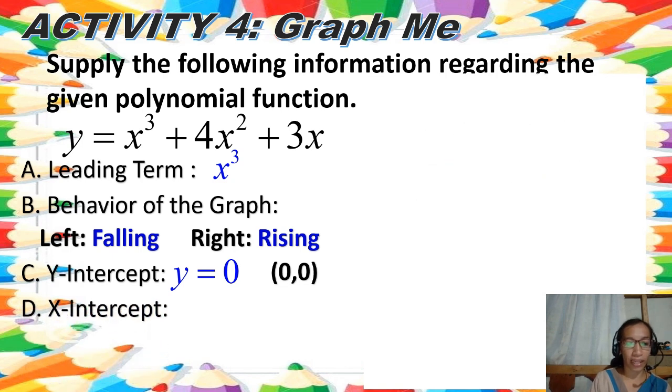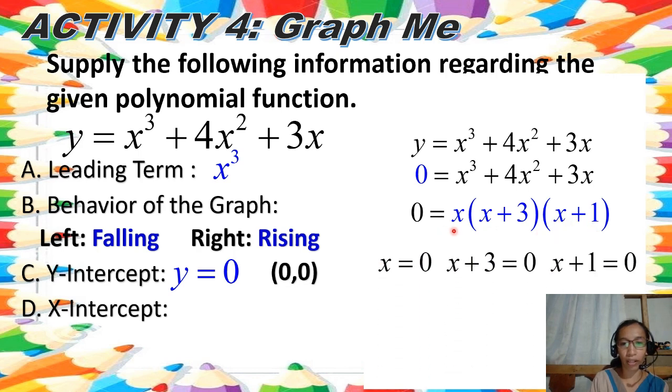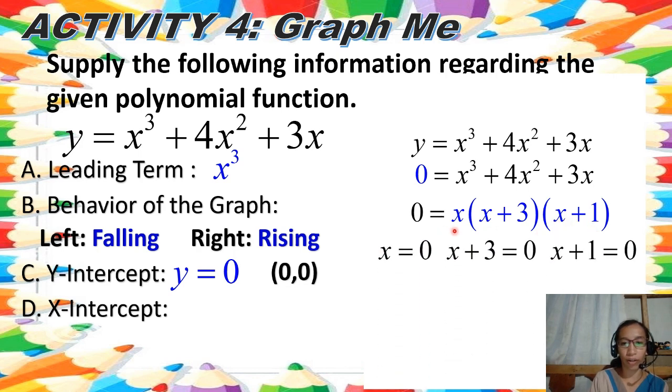Next, let's find out the x-intercept. By using again the polynomial function, change y with 0. After changing y with 0, we will factor out the given polynomial function. And the factor is x times x plus 3 times x plus 1. So after we factor, we equate each into 0. So we will have x equals 0, x plus 3 equals 0, x plus 1 equals 0.